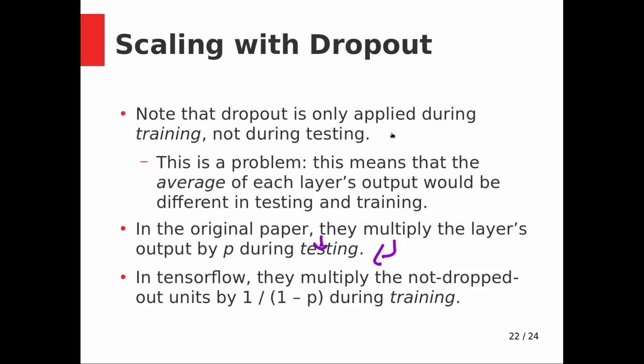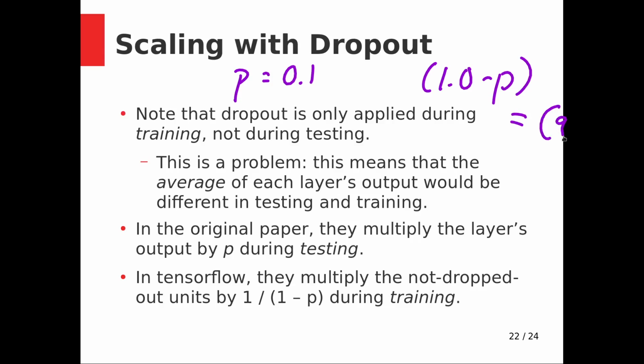If you have a p of 0.1, then you are reducing the magnitude of the total output of a layer by a factor of 1.0 minus p, or for example 0.9 in our case, because 10 out of 100 of those nodes will be turned off, will go to 0, and they won't contribute to the sum of the input. So to keep that in the same range, you have to do something.